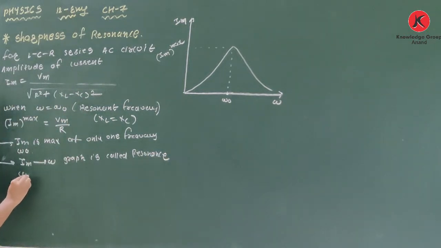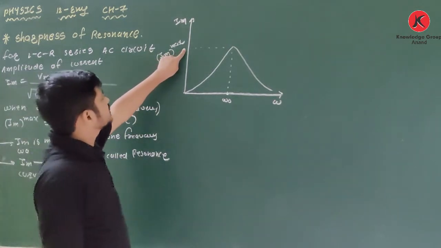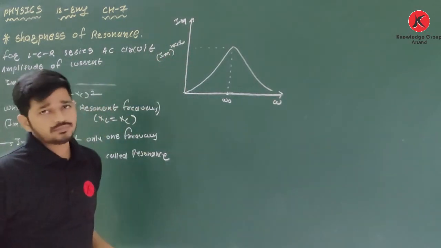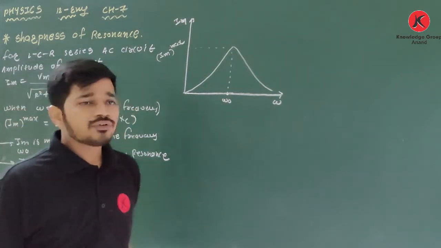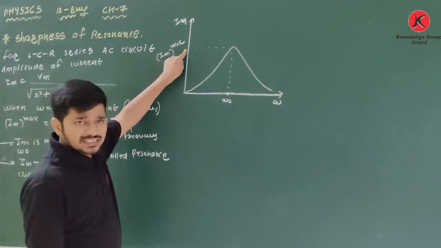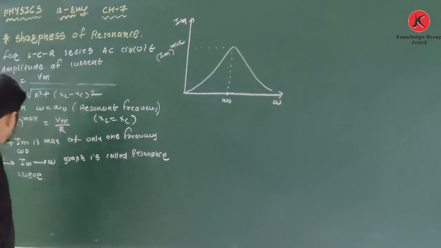Now we know that whenever current is maximum, power is also maximum. Yes or no? If current is maximum, power is also maximum.